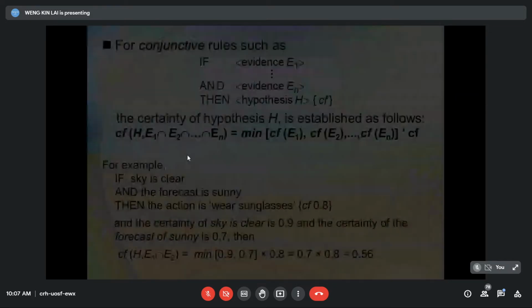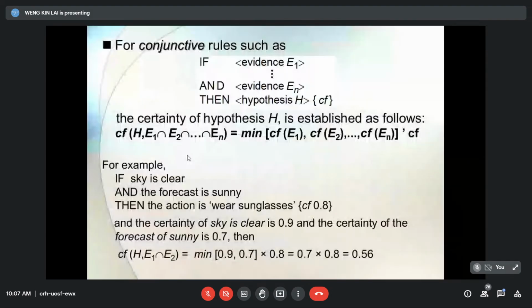Now let's talk about the conjunctive rules. Remember, conjunctive is basically the AND function. If you have not one, but more than one evidence, E1 to En, for example evidence E1, E2, E3 and En, then all these contribute towards strengthening your hypothesis that it is true with a certain amount of certainty, which is CF.